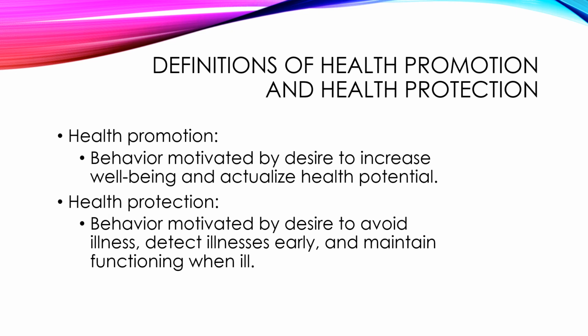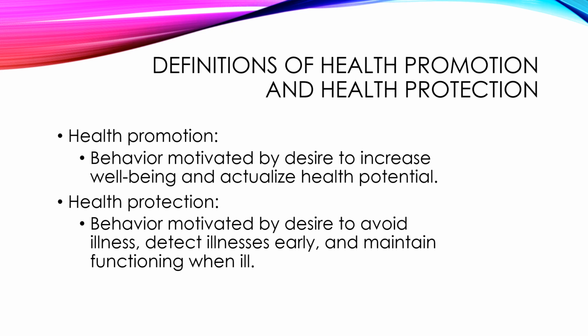And then, of course, health protection is behavior motivated by a desire to avoid illness, detect illnesses early, and maintain functioning when we're ill. So to avoid illness, we do things like the flu shot. We give the children the vaccines, etc. We detect illnesses early.